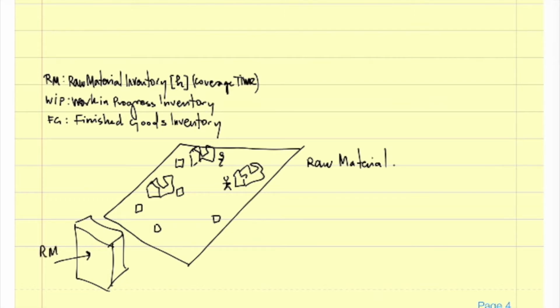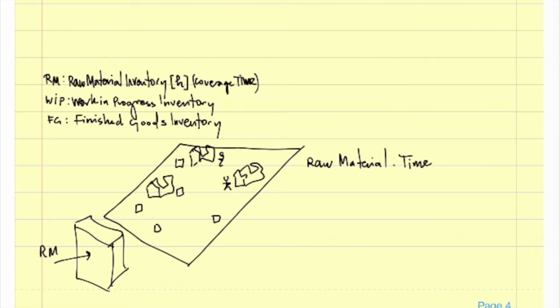From your supplier, your raw material inventory, you're going to measure in time, because it's the time that you can run your facility with the available material. Okay, in German it's called Deckung. Okay, so as long as this material is available, you can run your facility.